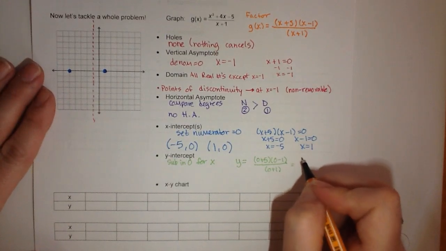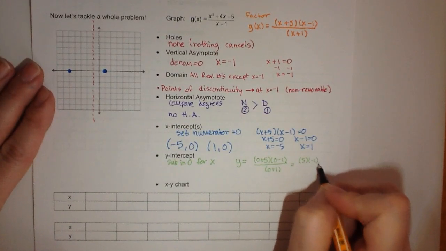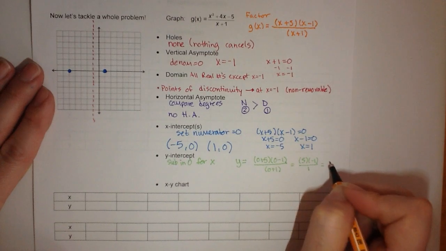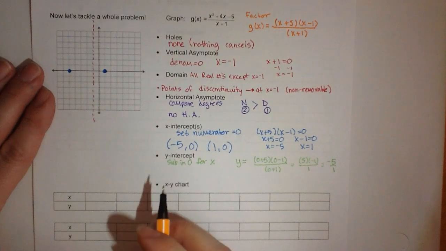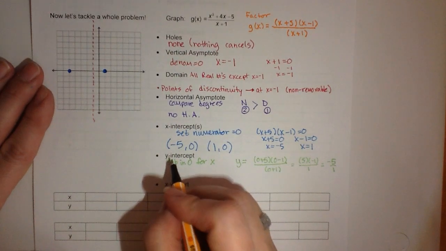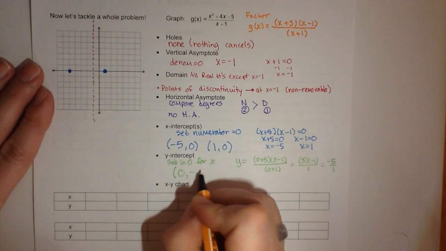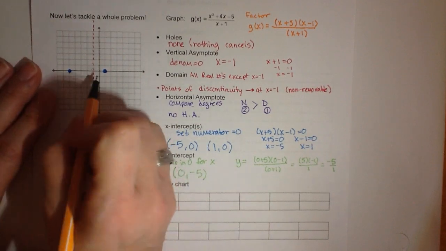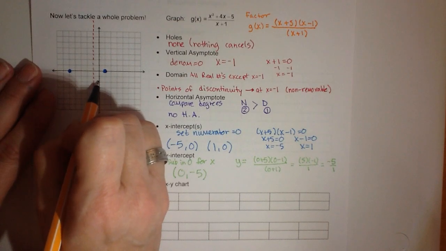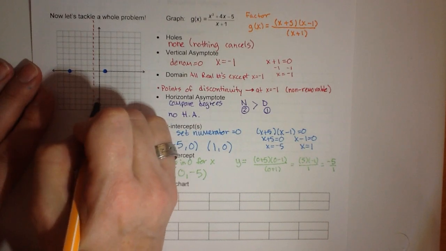So that is 5 times negative 1 divided by 1, which will be negative 5 over 1. So our y-intercept will be at negative 5. That needs to be as an ordered pair. So we had 0 for x and negative 5 for y. So we'll put that on, 0, negative 5, right there.